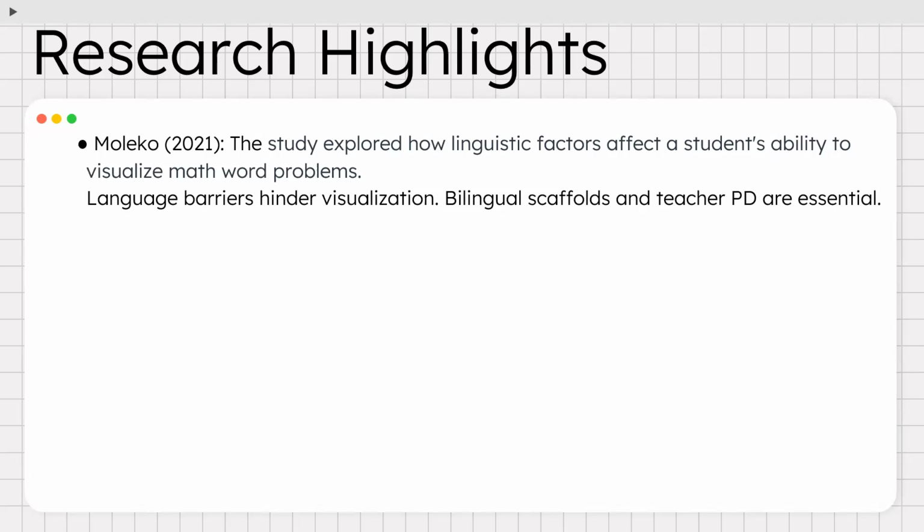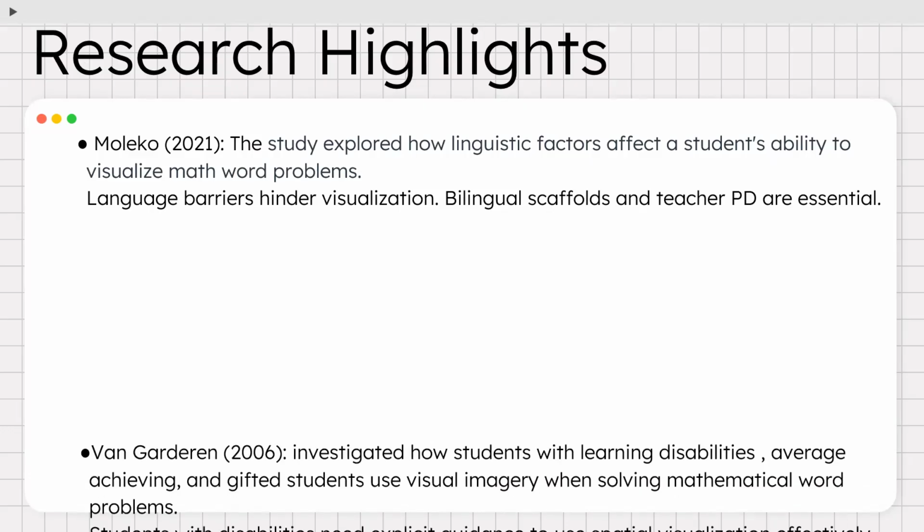Teachers frequently adapted their instructions by simplifying the language and using visual aids. But they felt unprepared to address this linguistic diversity effectively and wanted professional development in language and integrated math instruction. This study highlighted how language barriers hindered visualization, especially in multilingual contexts.